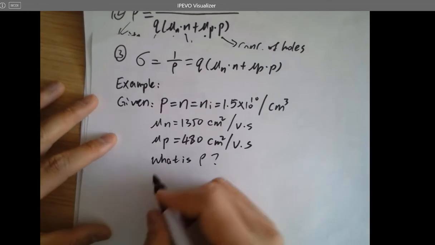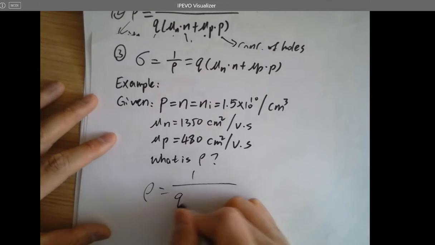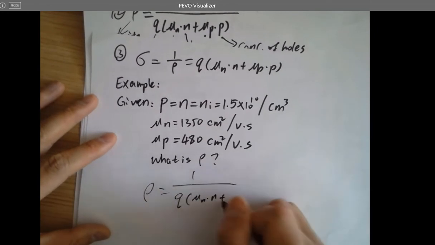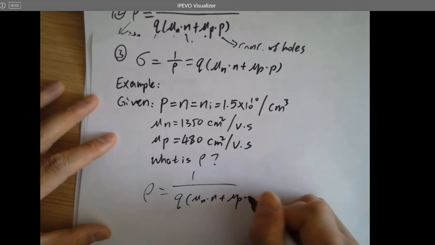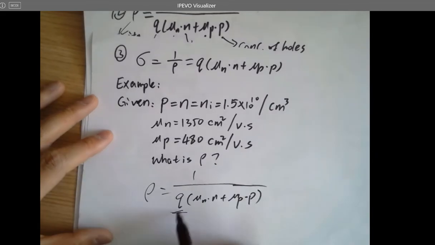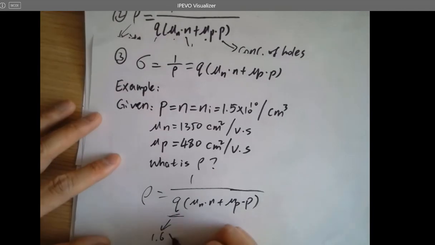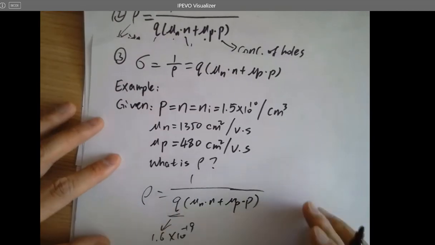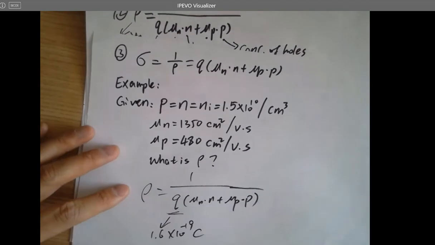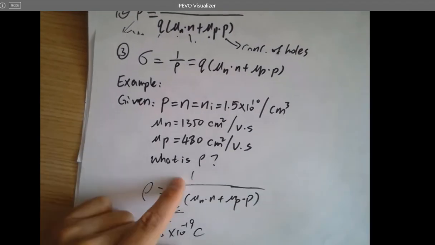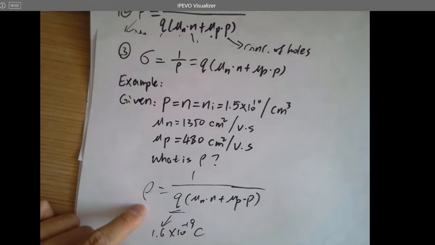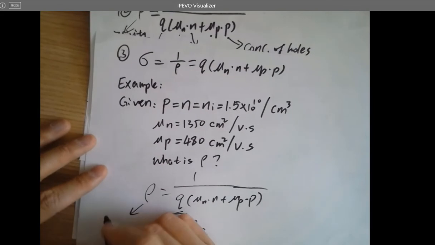Cannot be easier, right? Rho equals 1 over Q times mu n times n plus mu p times p. And what is Q? It's 1.6 times 10 to the minus 19 Coulomb, right? Just plug in all the numbers and you can calculate it. And what's the unit?